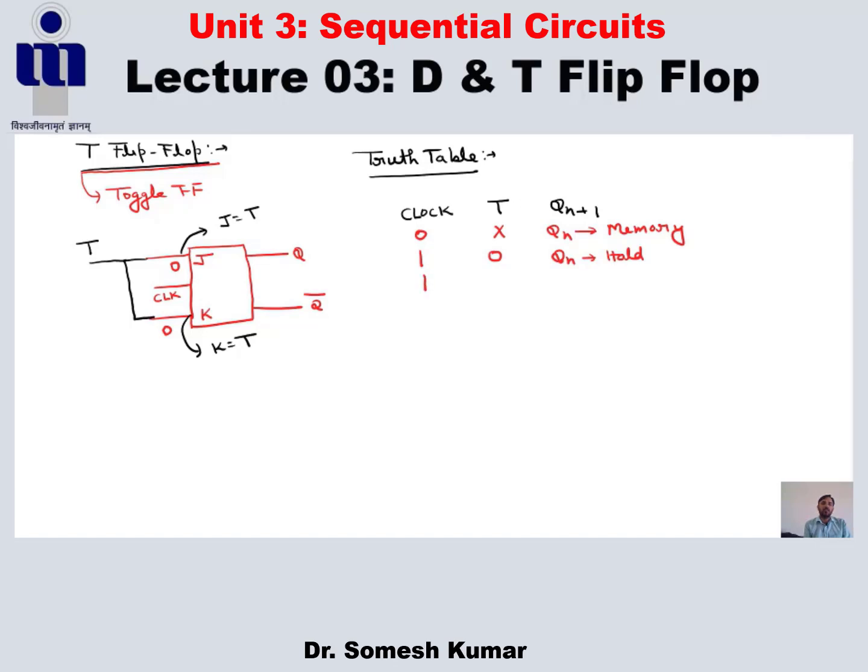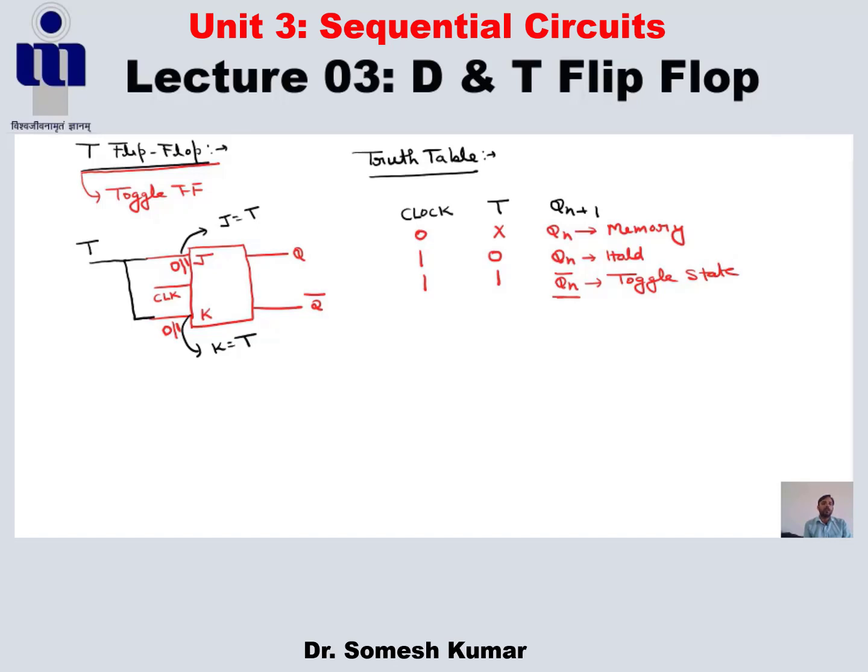In the next case, when T equals 1, meaning both J is 1 and K is 1, what is the output? In that case, the next state is the inverse of our previous state. That is what we call the toggle state. So when T is 0, it is Qn.